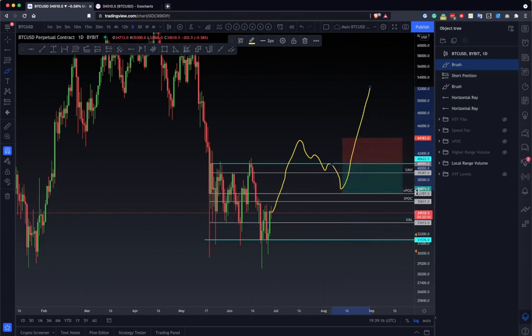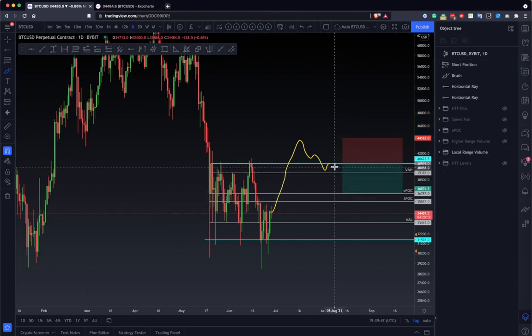So in these very important areas, when you have these levels, it helps you take profit and know what type of reactions you might expect at these very high volume levels and important levels that we identified. So that's that. It might go down as well, so you never know.